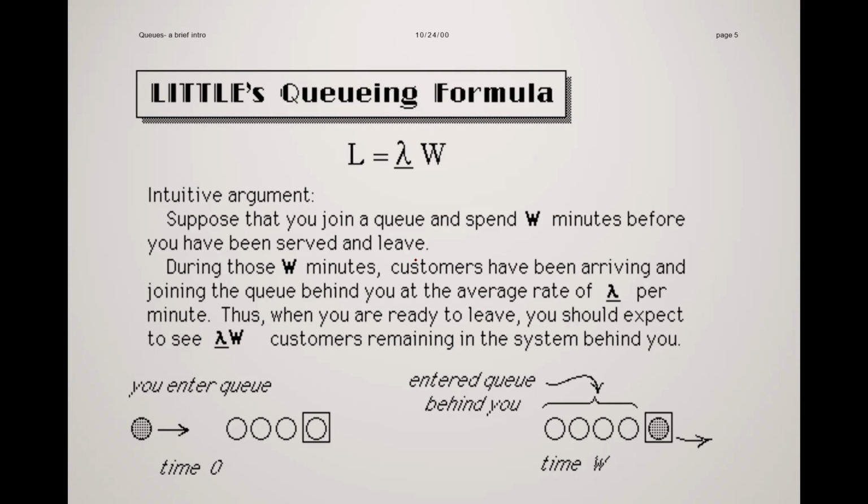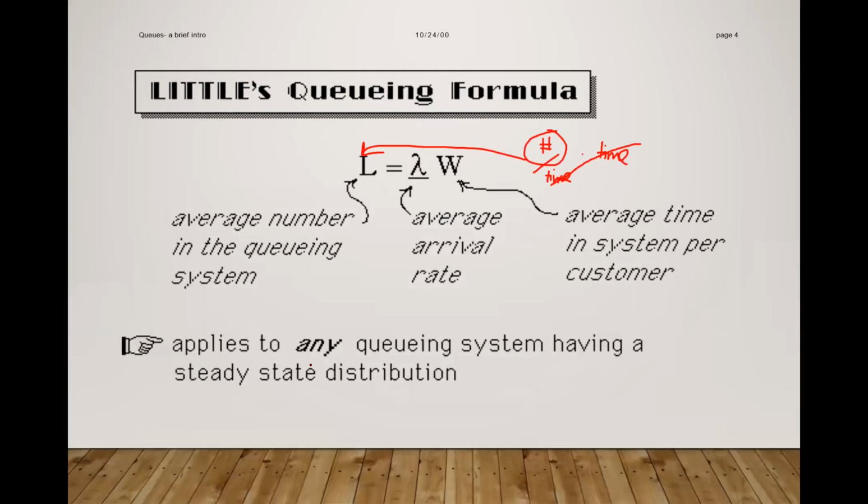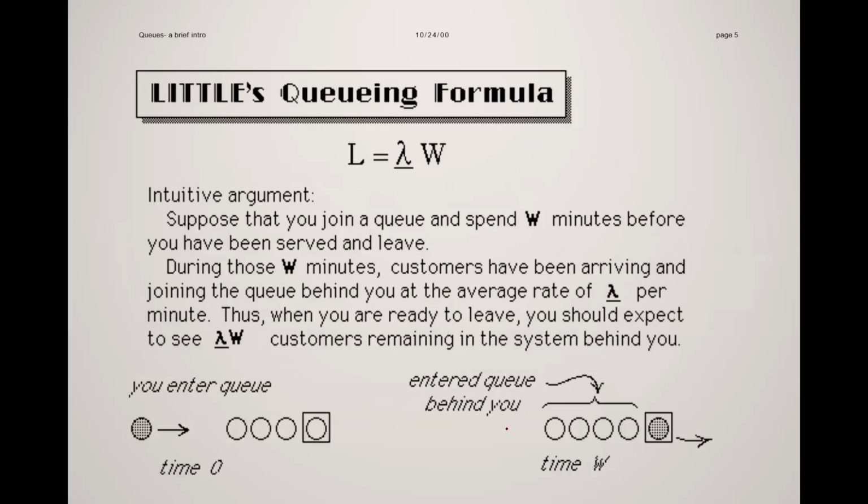So during those W minutes, customers have been arriving and joining the queue behind you at an average of lambda per minute.